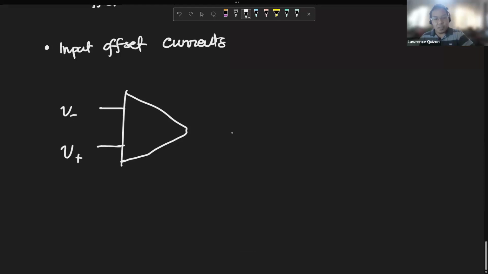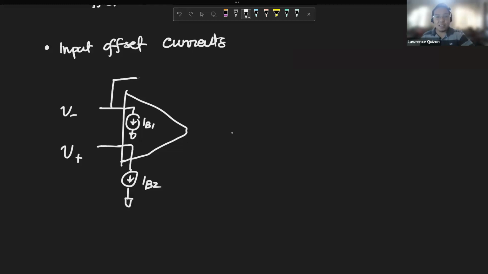The input offset current is an imaginary current that the op-amp experiences from its inputs. And for no reason whatsoever, wink wink, we're going to call those IB1 and IB2. You can probably guess the reason for these input bias currents: IB, maybe because of bias? But believe me, it's not.